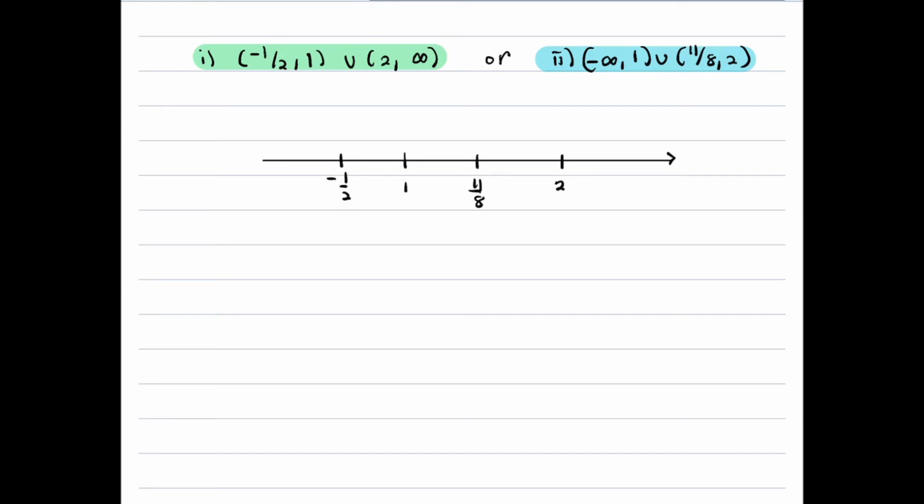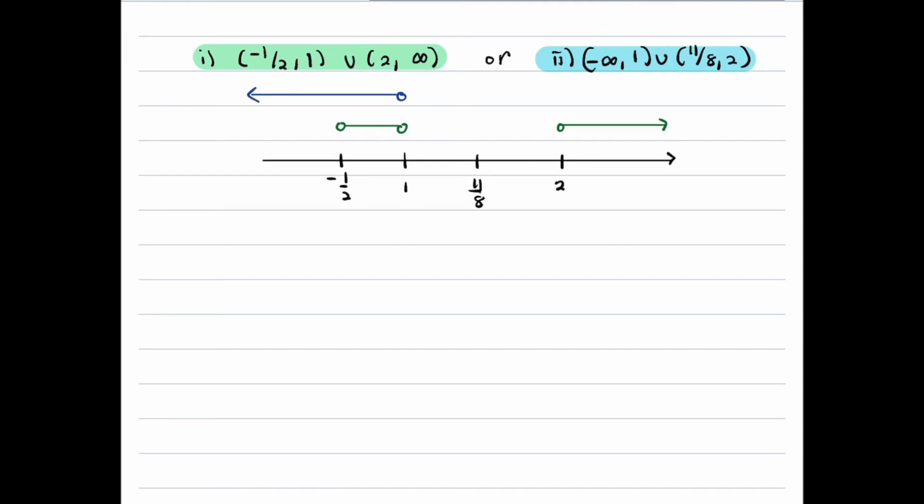So you're going to have negative half until 1, both are holes because you have open brackets, and then 2 until infinity. Then the next one, let's say we take the blue one, negative infinity until 1. So you stop at 1.